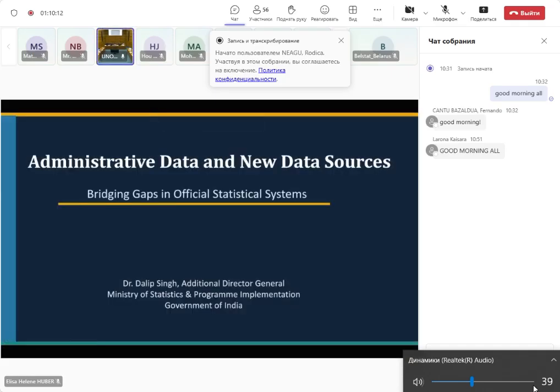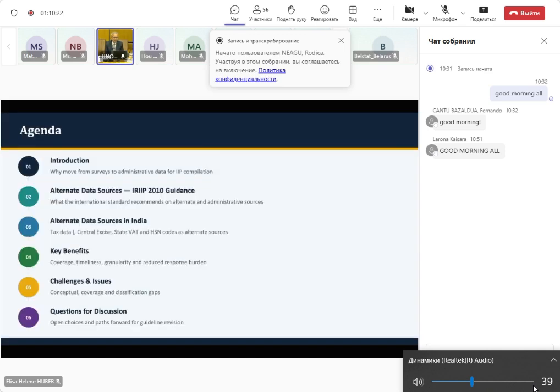Yeah, thank you. So this presentation is about administrative data, new data sources, and data integration. The reason is that this is a very critical area whereby countries are struggling to find ways to improve the data sets, at the same time not having enough resources to do that.